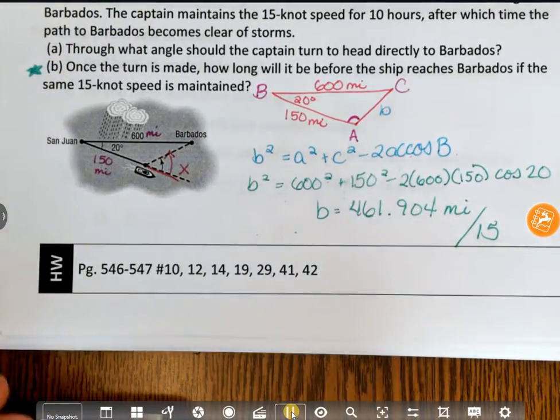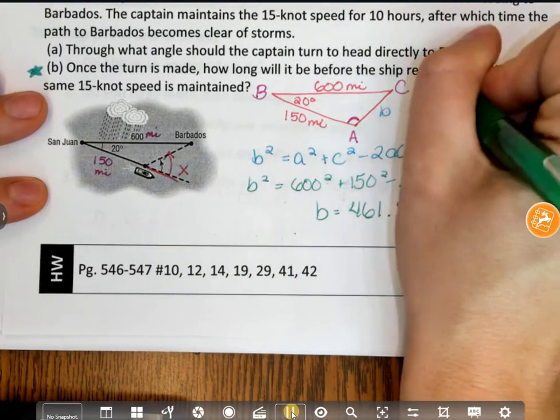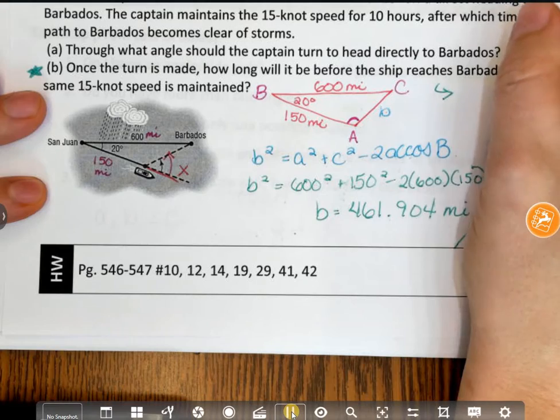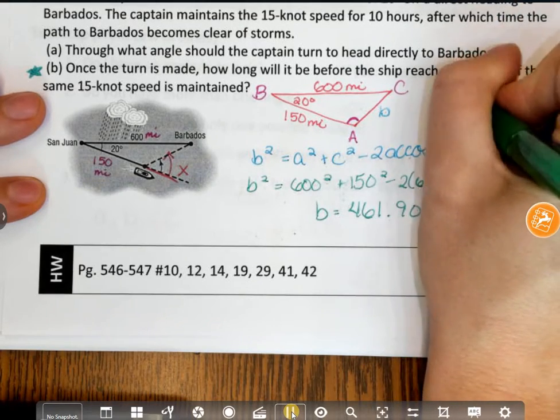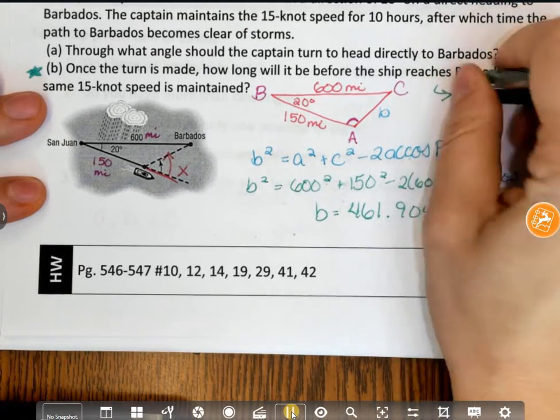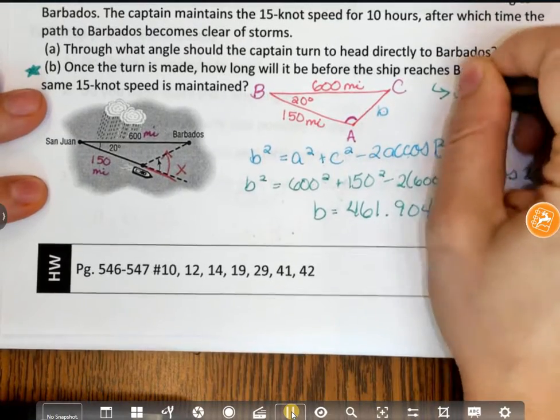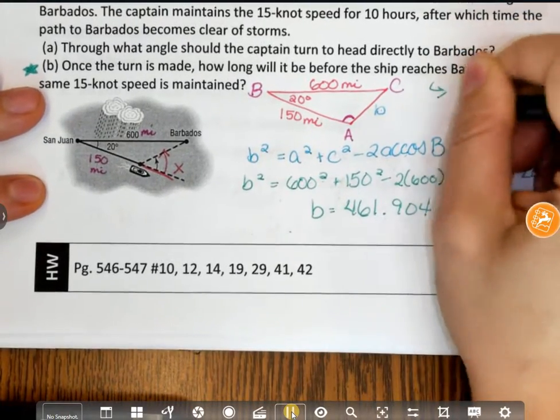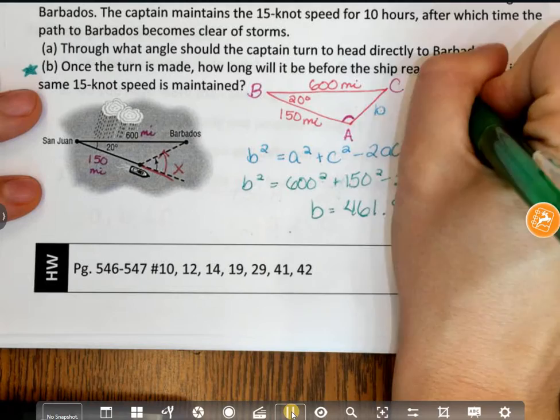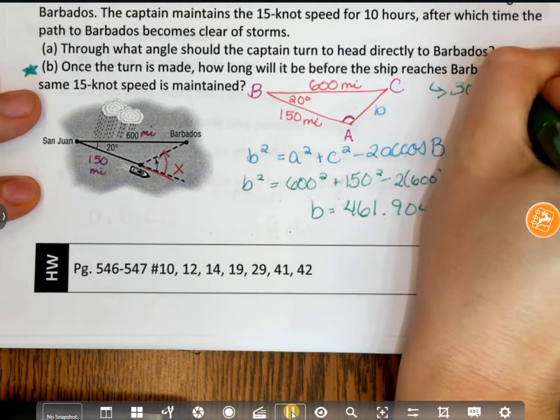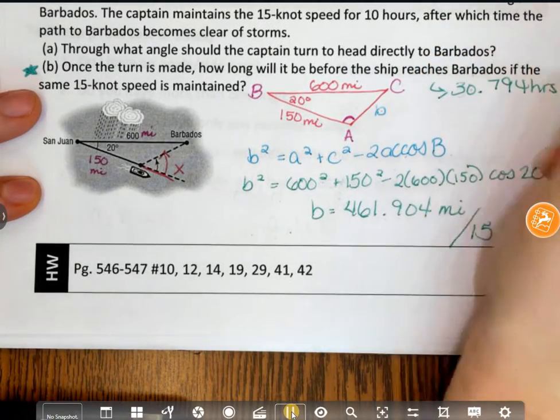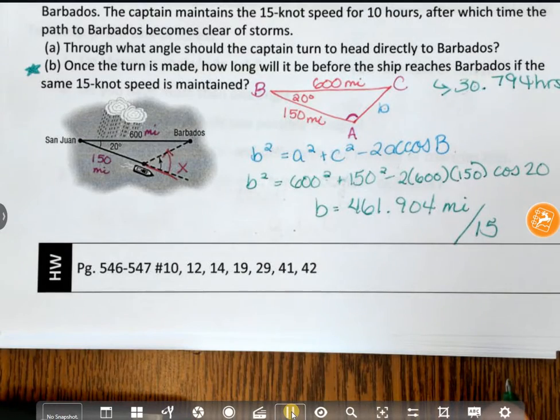And when I divide that by 15, my answer to B is going to be, how long does it take? Jeez Louise. It's not 31 hours. It's 30 point. Might as well be 31 hours. It's going to feel like it. Good Lord.